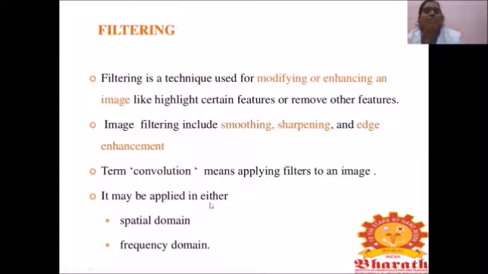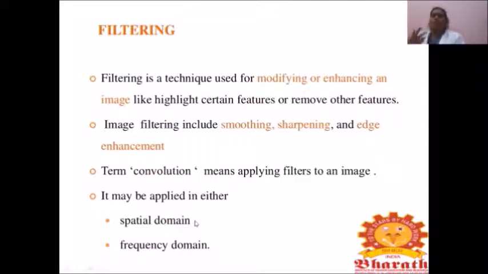It may be applied in either the spatial domain or the frequency domain, right? Spatial domain means direct manipulation of the pixels. Direct operations are performed on each and every pixel, and that is called the spatial domain. If any formulas, such as the Fourier transform, are applied for enhancing the images, then that is called the frequency domain.